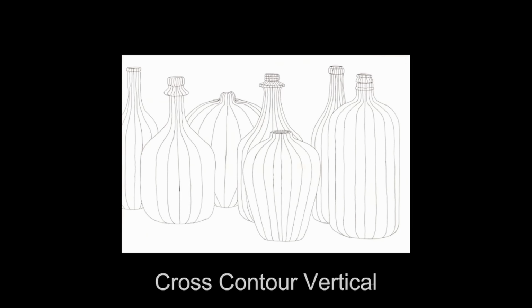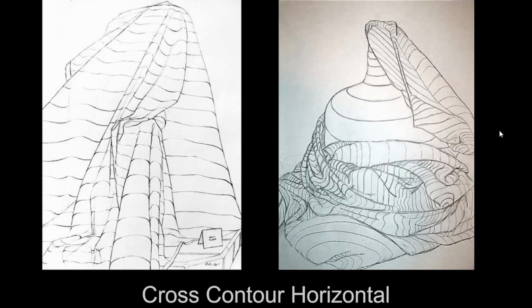Some of our drawings are going to have vertical cross contours that run up and down the form. Another drawing is going to have the opposite: horizontal cross contours that run left and right across the form. And we can think about how to use some line weight to help reinforce that sense of space.